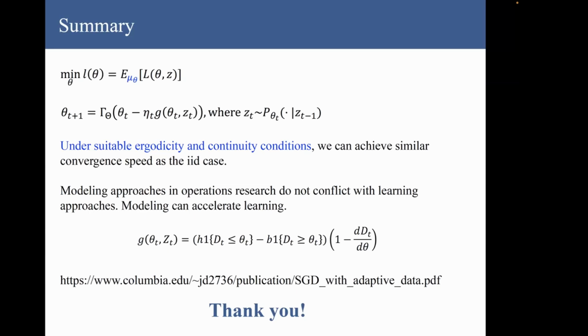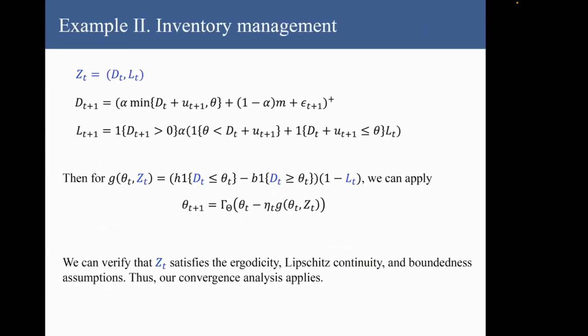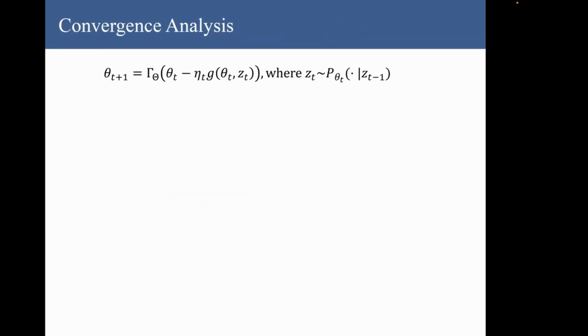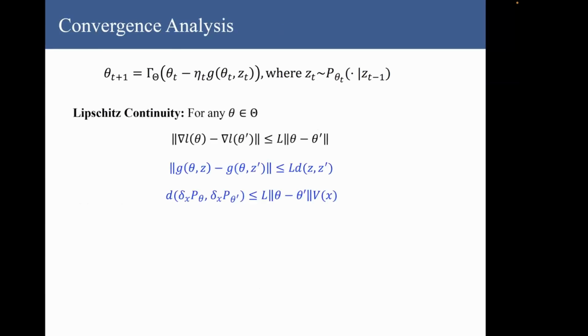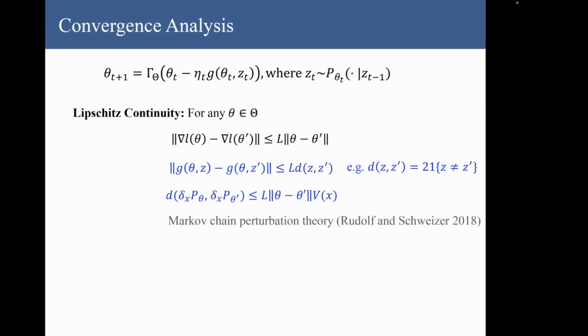Just wanted to ask, again, a very stupid question, but if you go to this Markov chain perturbation theory slide, the conditions are similar to something in this paper, right?